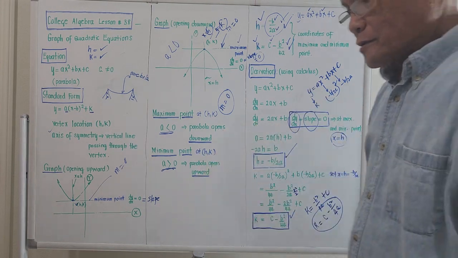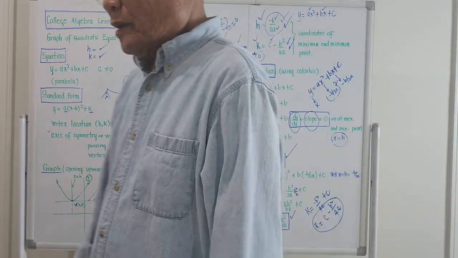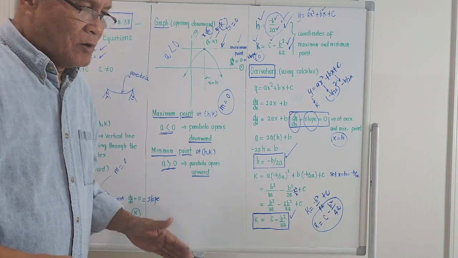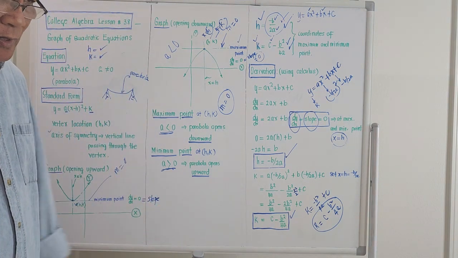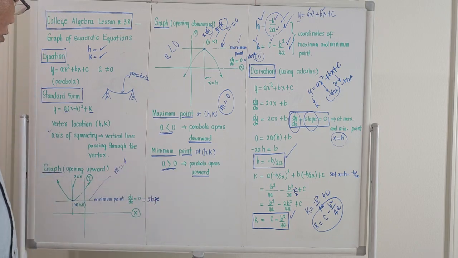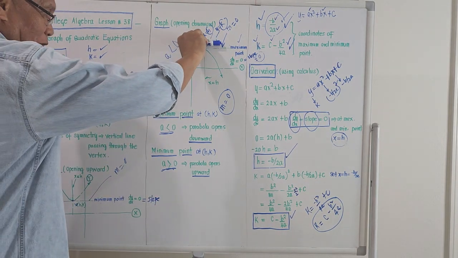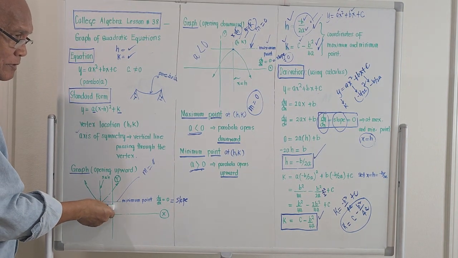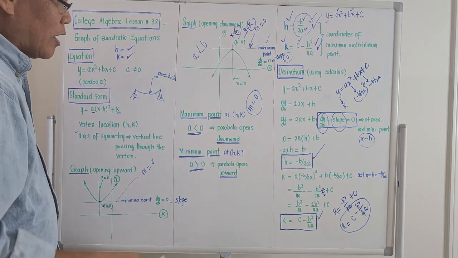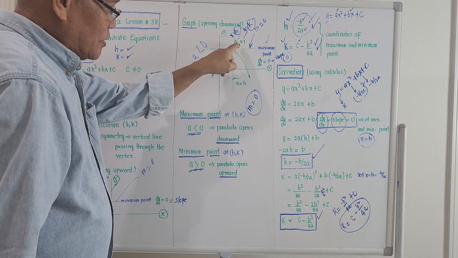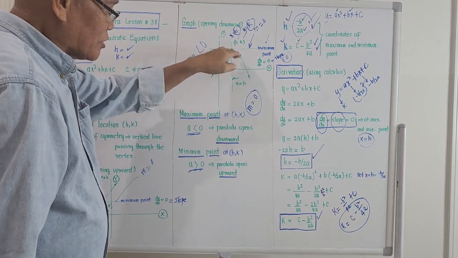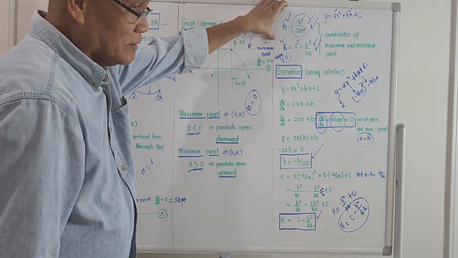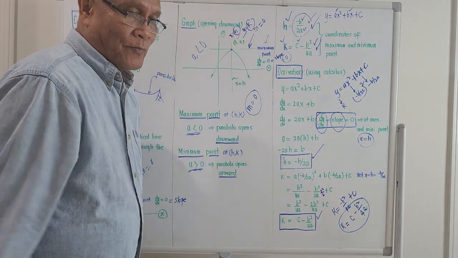That is only the important things under the graphing of the equation of a parabola. At least we now know what the maximum point and the minimum point are, and how to compute the abscissa and ordinate using this formula.